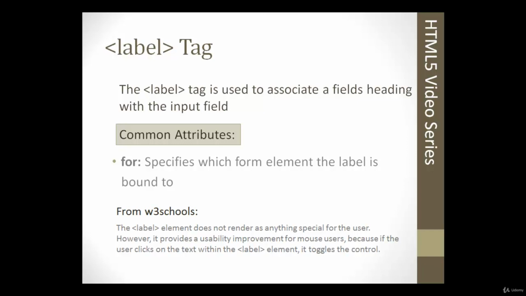If you wrap that text in a label, it will associate that text with the input field. So if you click on the text, it'll actually highlight the input field that text belongs to. And it takes the for attribute, which specifies which form element the label is for. This would match up with the input element's name attribute.